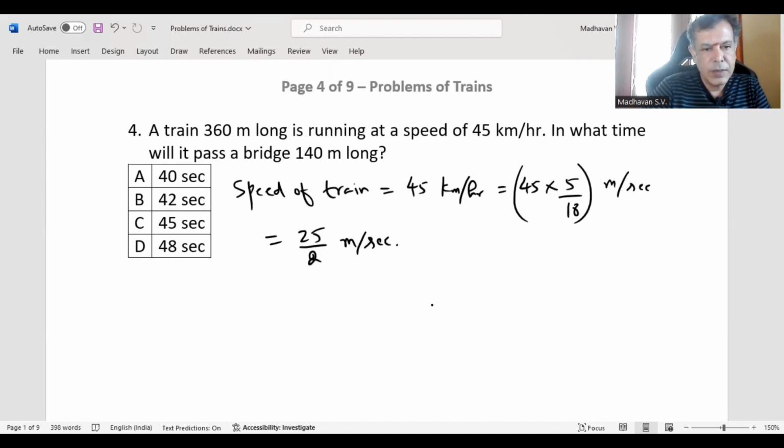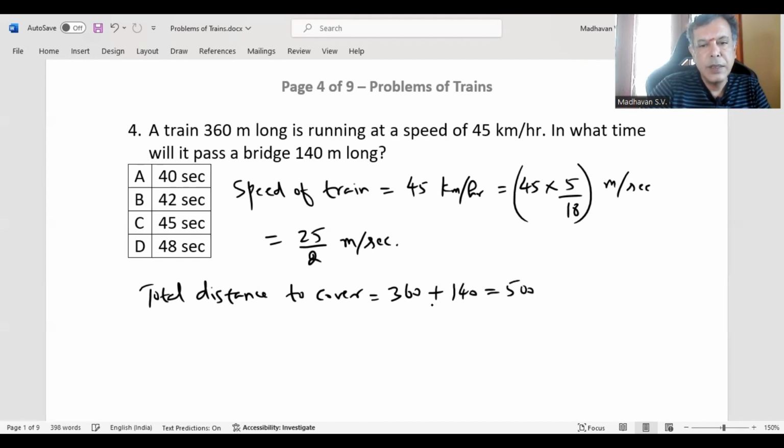Now the total distance to cover is the length of the train plus the bridge length, which is 140.